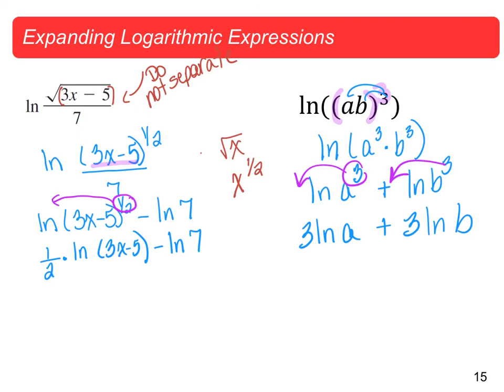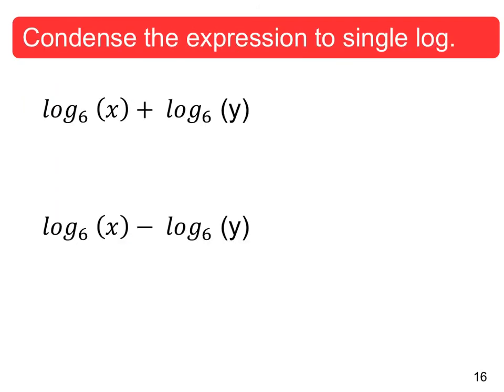Okay, now we're going to do some condensing. I have my product property, and then I have my quotient property. Very straightforward, very simple. Now, when we are condensing and rewriting, you only have the log written once.